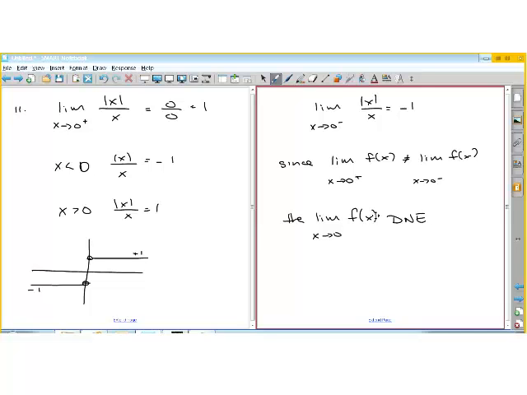And it's not like a vertical asymptote where it approaches something, it just does not exist there. The function does not exist, the limit does not exist.